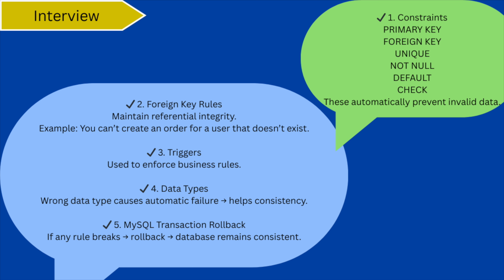If more detail is asked, you can give constraint types: primary, foreign, unique, not null. For foreign key rules, you can give an example like you can't create an order for a user that doesn't exist. You can mention data type also: a wrong data type causes automatic failure, which helps consistency. And with transaction rollback, if any rules break, the rollback keeps the database consistent.